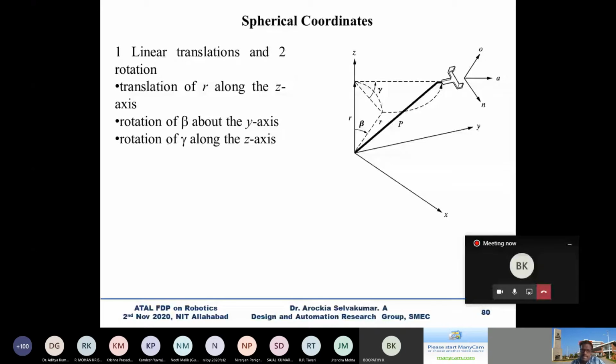Okay, and then there is a rotation of gamma about the Z axis, because you know that when you are taking a sphere, you need a radius, and then you should have a circular cross section on both sides. So one is here, the radius is nothing but translation along the R axis, and then the two surfaces, beta and gamma, will give the circular surfaces. Okay, so you will obviously get a spherical coordinate.